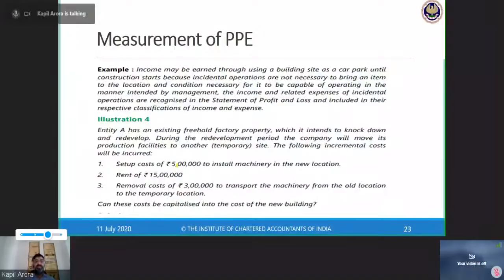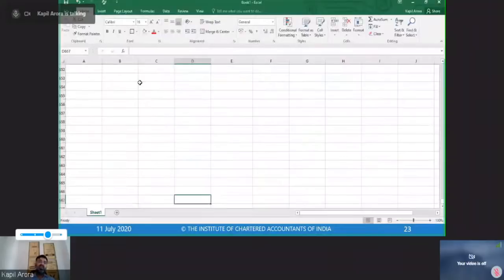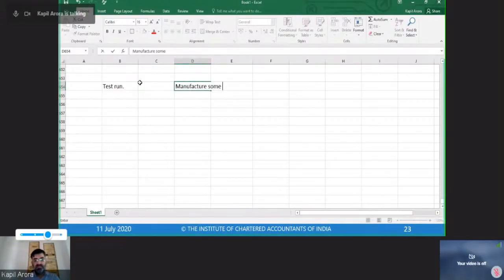Okay. So measurement of PPE, let's look at the example. It says income may be earned through using the business site. I give you another example. Let's say you have done a test run. Test run means you are trying to manufacture some units. If you remember, we manufactured 2 batches of bottles.